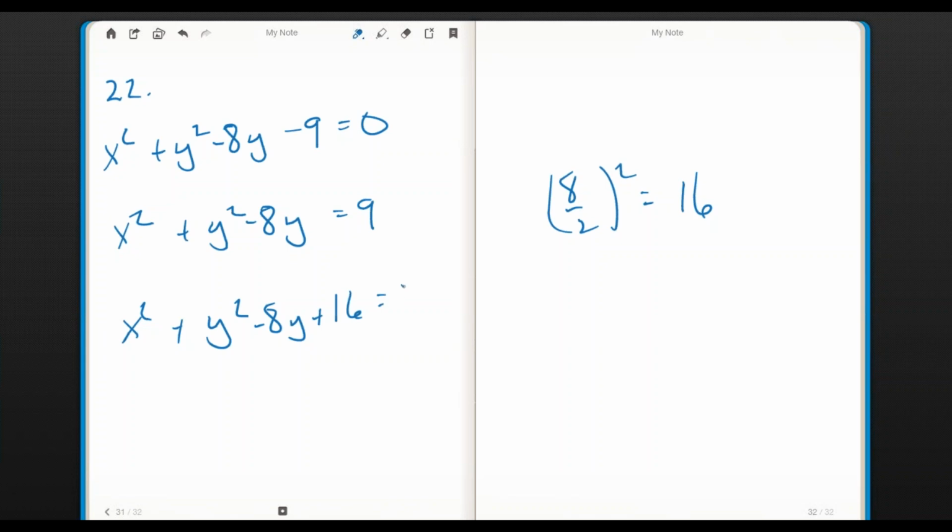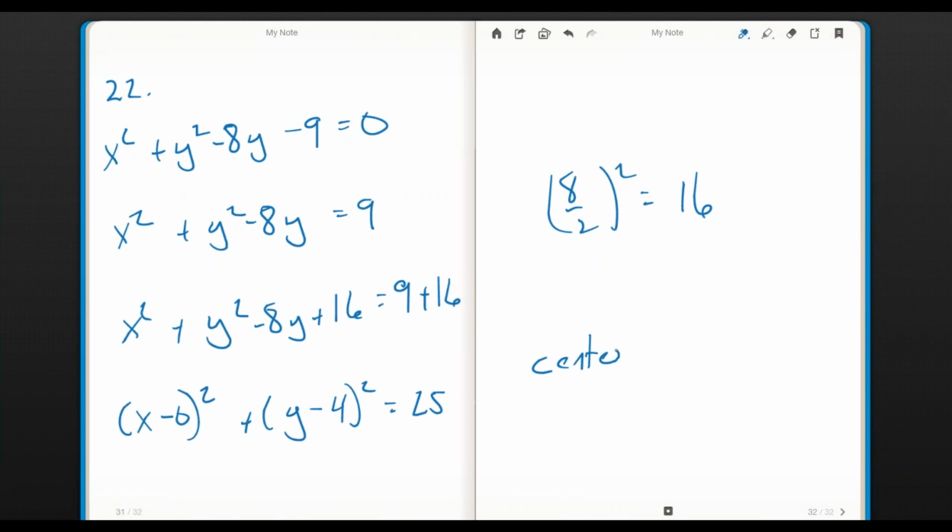I'm going to add 16 to both sides, and now I can have it in standard form. x minus 0 squared plus y minus 4 squared equals 25. So the center of this circle is 0, 4. The radius is equal to 5.